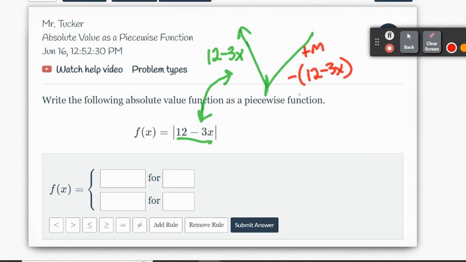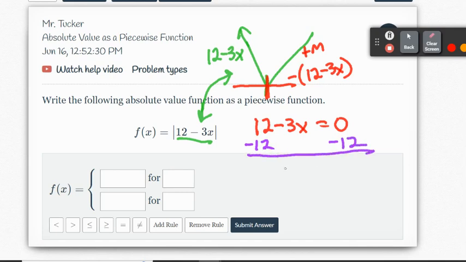Now, that's the concept. Now, the idea is, where's this transition? Because that transition is what I need for the rule over here. So I say 12 minus 3x equal to 0, because that'll tell me where it hits the x-axis. And so just like the previous problem, let's change it up. I'm going to subtract the 12 just to change my solving strategy so that we can consider dividing by a negative.